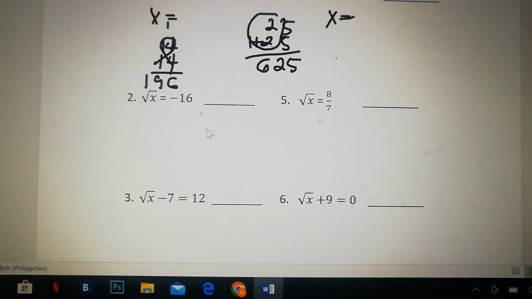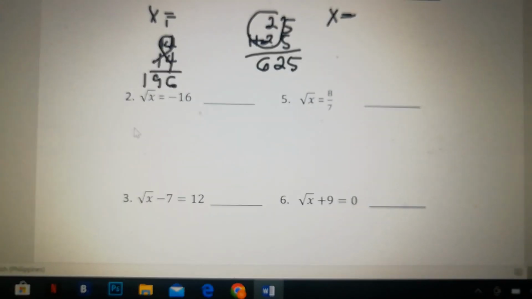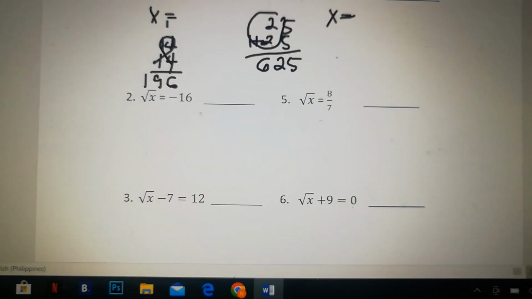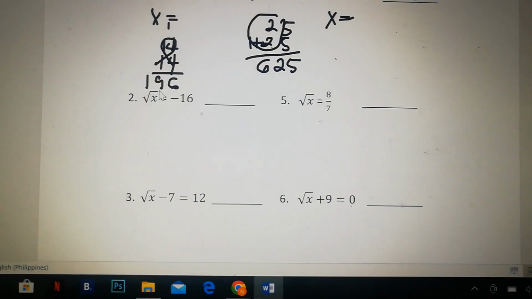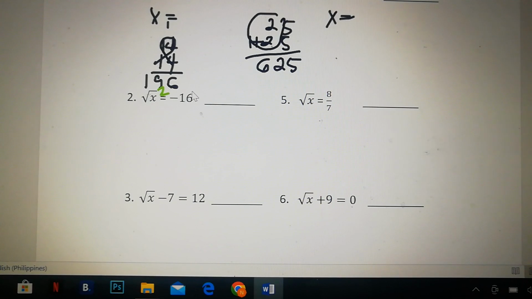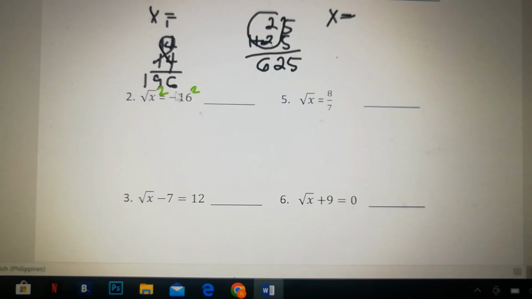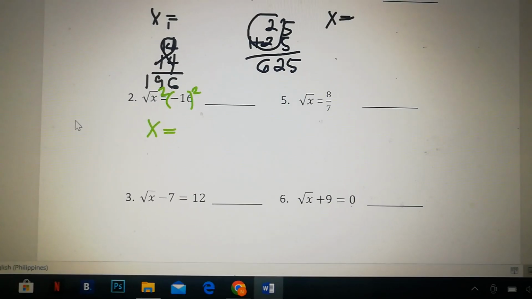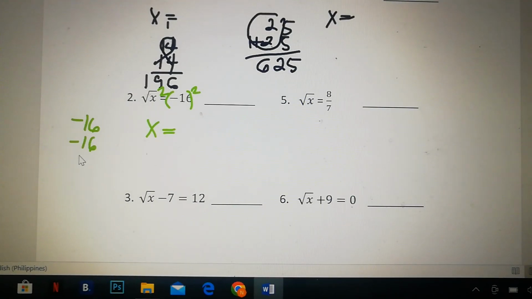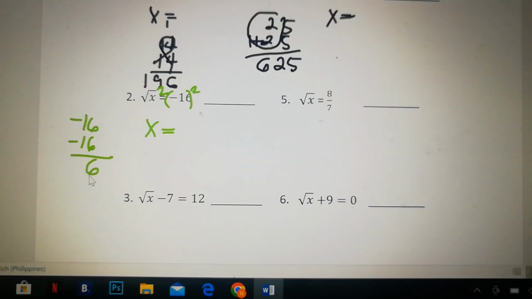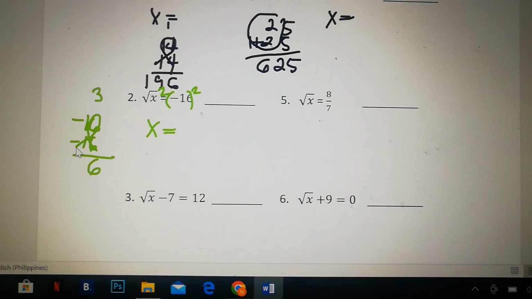Next, square root of x equal to negative 16. So if we square both sides of the equation, square root of x, square negative 16. So x equal to negative 16 times negative 16 is equal to 6, carry 3. 6 plus 6 equal to 12 plus 3, 5.